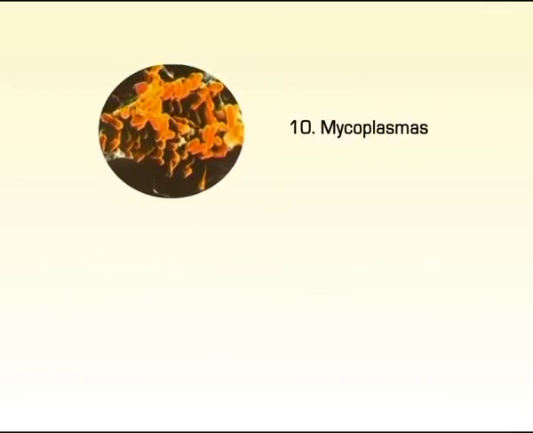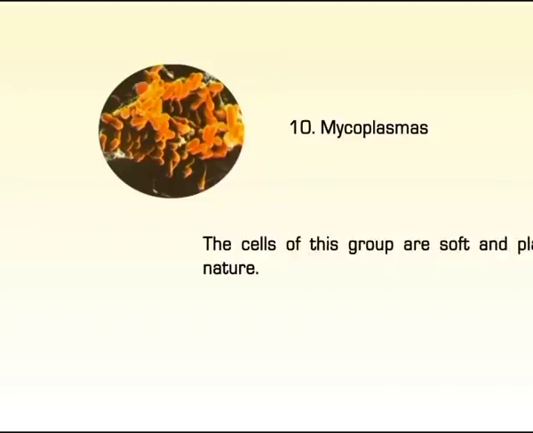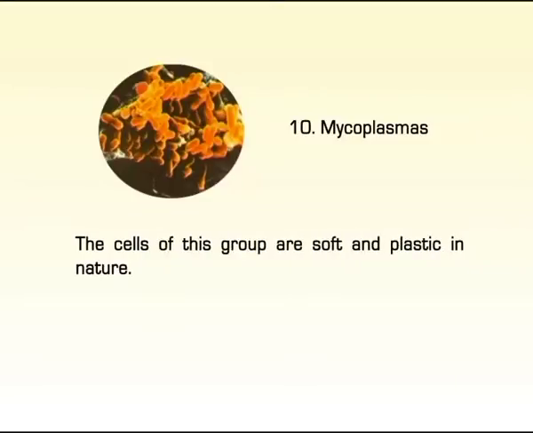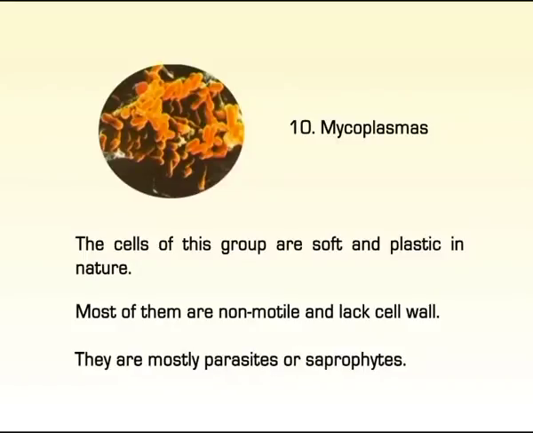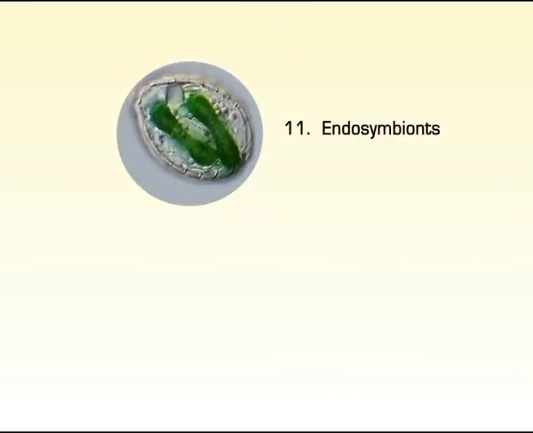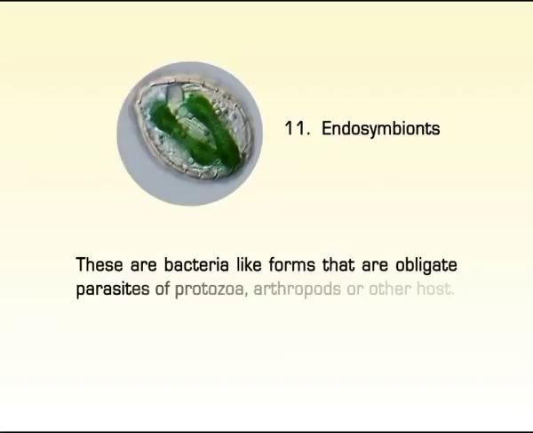The 10th one is the mycoplasmas. The cells of this group are soft and plastic in nature, and most of them are non-motile and lack cell wall. So the bacteria under this are mostly parasitic or saprophytic in nature. Finally is the endosymbionts. Bacteria under this are obligate parasites, that is the strict parasites of protozoa, arthropods or other hosts.